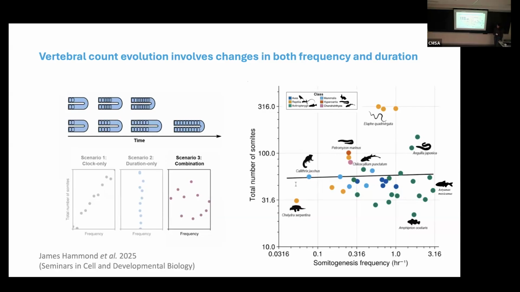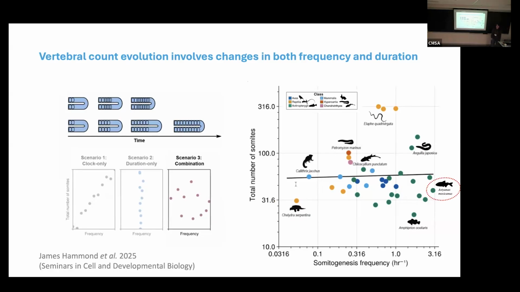But of course, this isn't. One of the things I want to point out in the data set is that the snapping turtle is the species that makes somites the slowest, with one every 19 hours, and the fastest in our data set would be the Mexican cavefish with one every 19 or 20 minutes. So really very different.